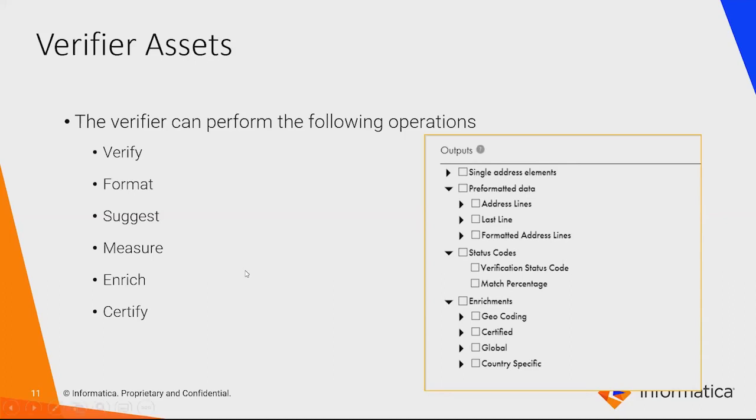It can give you the match percentage and all, and enrichment and certification you can also do through the verifier assets. So with our verifier assets specifically for address, you get tons of features, almost a whole world of addresses, out of the box. So these are different outputs that I'm trying to show here, in the format and all, right?